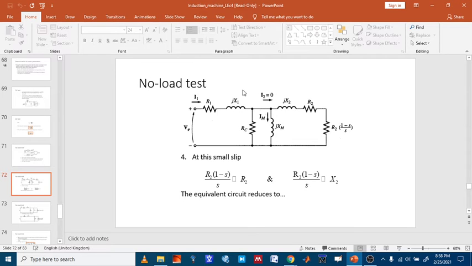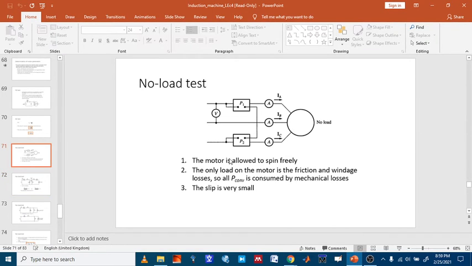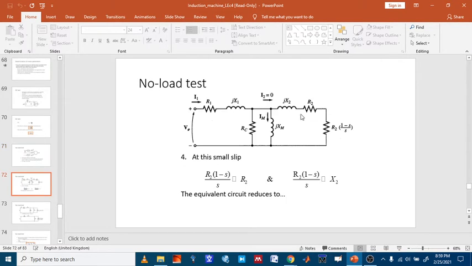No load test. So this is the general equivalent circuit of the induction machine. But let's look at something. This is the mechanical part. This part constitutes the mechanical losses. At this small slip, because no load is connected to the rotor, the impedance here will be very high.